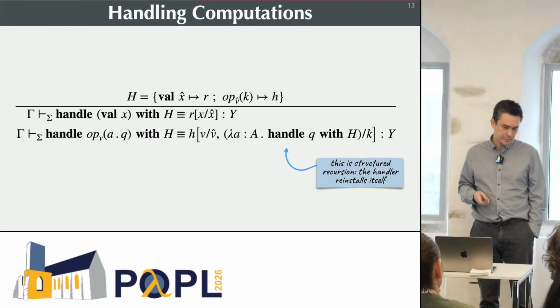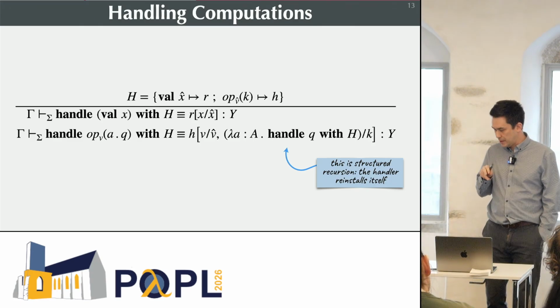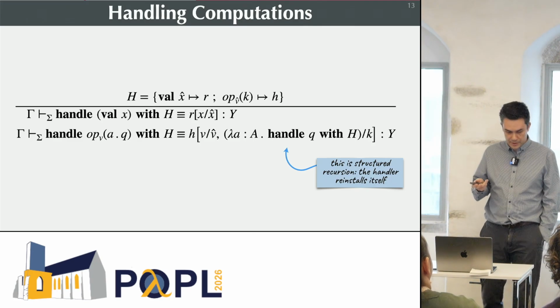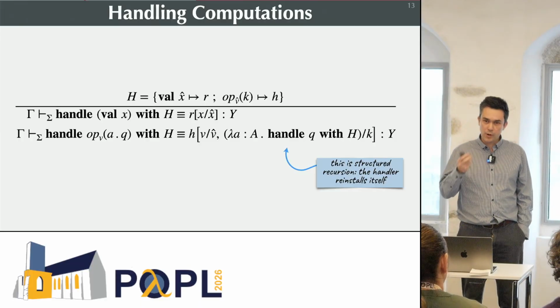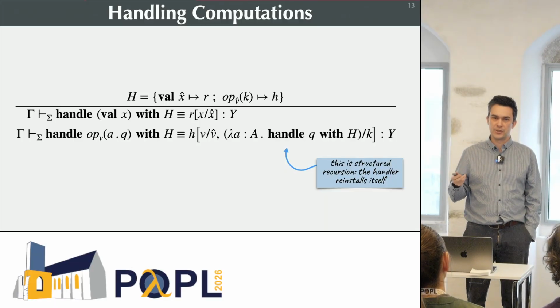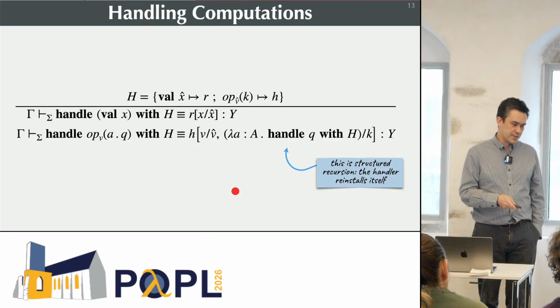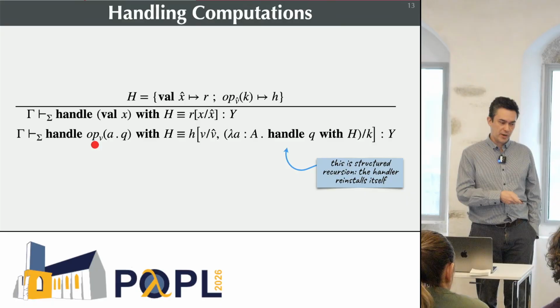So the key point with effect handlers is that we want the handlers to reinstall themselves automatically into the continuation. At least that's the perspective for deep handlers. We can see that in the rule for how we handle operations.